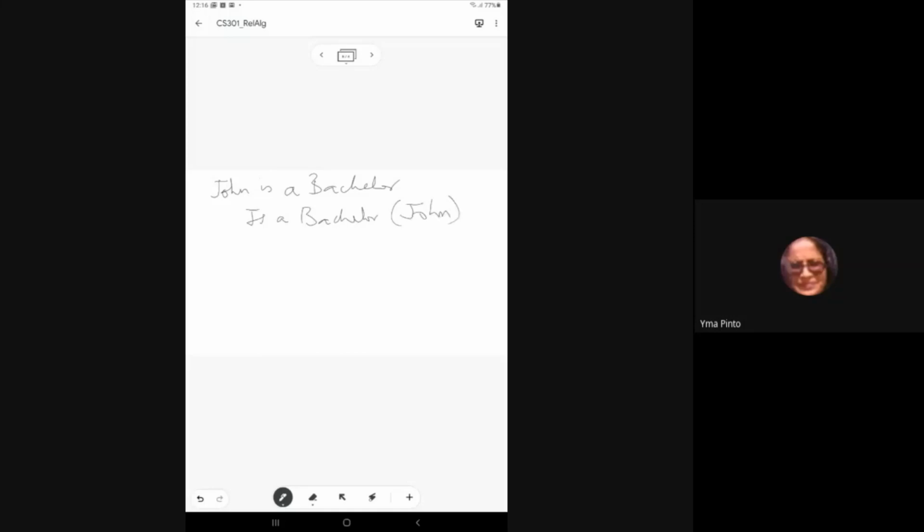That's how I would interpret it. So this becomes my predicate, this becomes my variable. These are actually noise words for me, so I could just say bachelor(John). Now this has only one variable, so it becomes a monadic predicate.